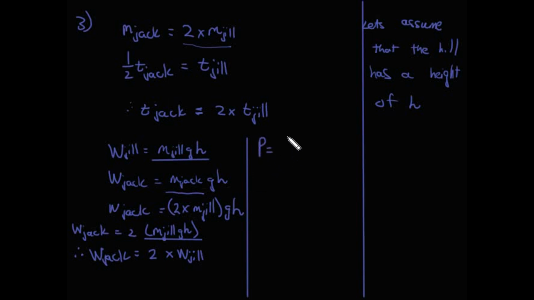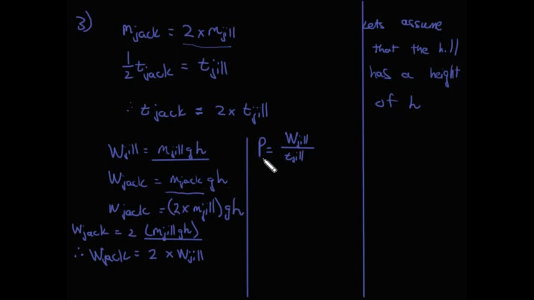Power we know is equal to W over T. So we know that the power of Jill is equivalent to the work of Jill all over the time Jill took to get up the hill.